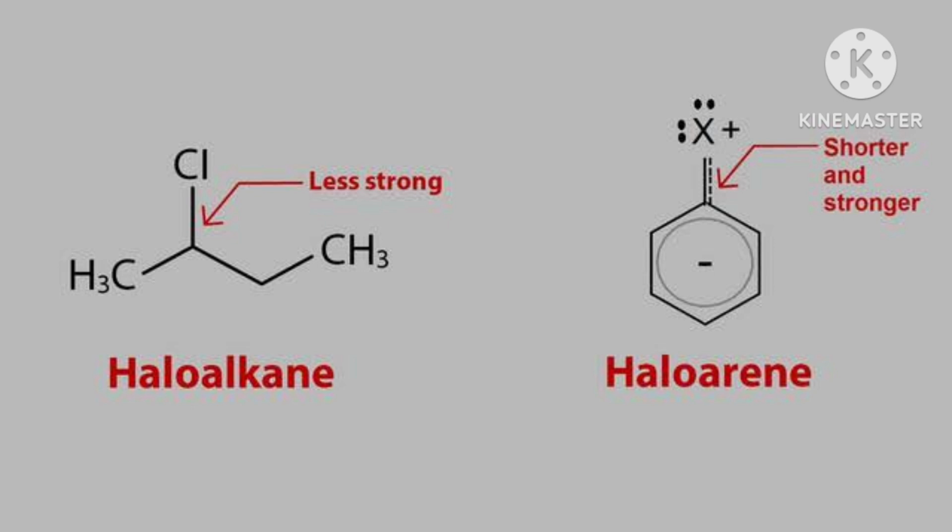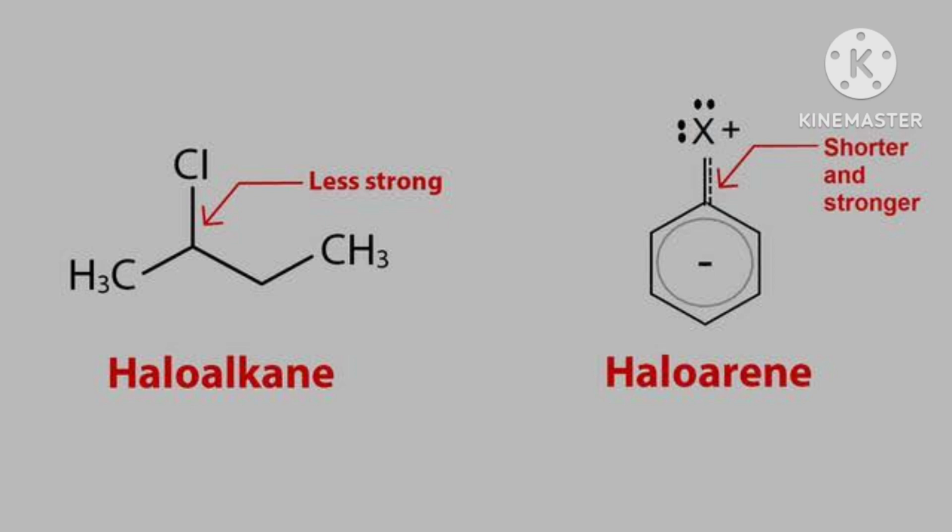This is the normal condition, 2s2 2p2. You know that excitation takes place in the last orbit. On excitation, 1 electron from the 2s2 will go to the p orbital.